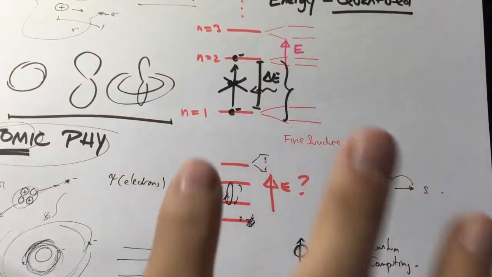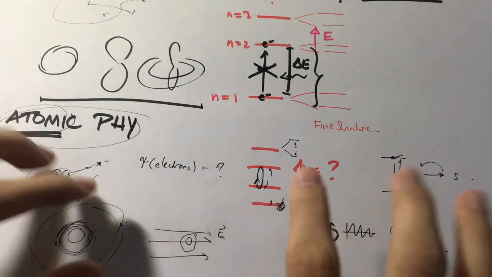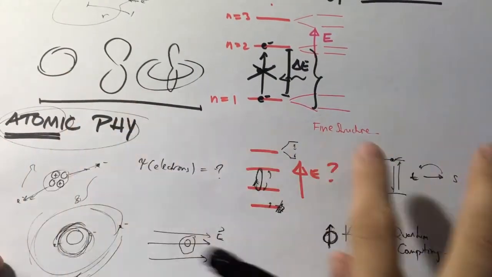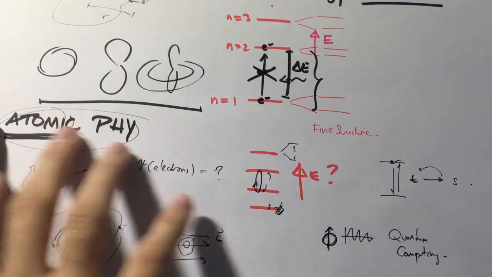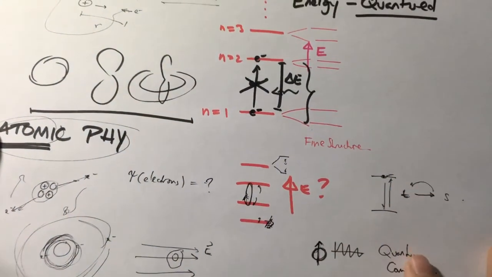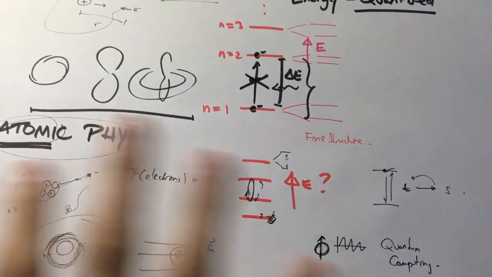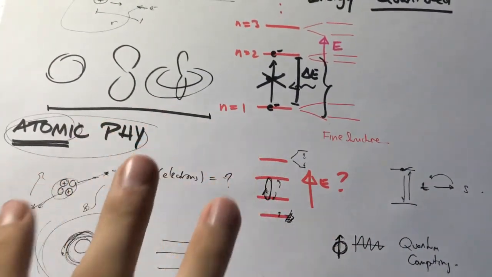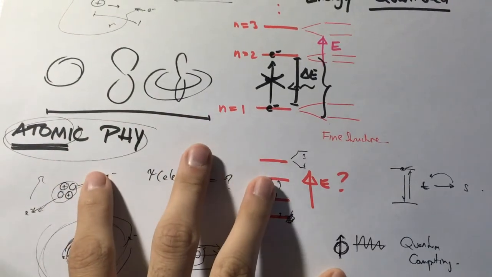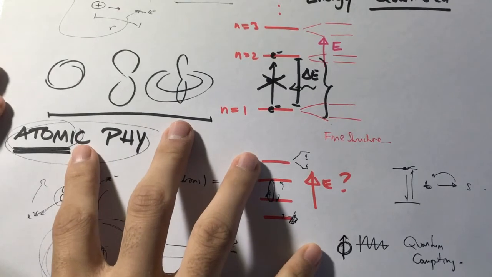Atomic physics is a really fascinating subject, and I think it's probably the hardest subject I have studied, amongst any class across every single field that I've studied. If you saw my vlog on my second channel where I spent a term abroad, I actually took atomic physics there, and it was really complicated.